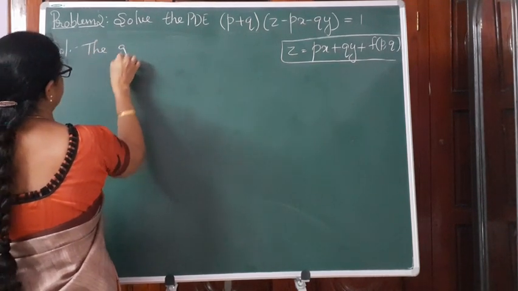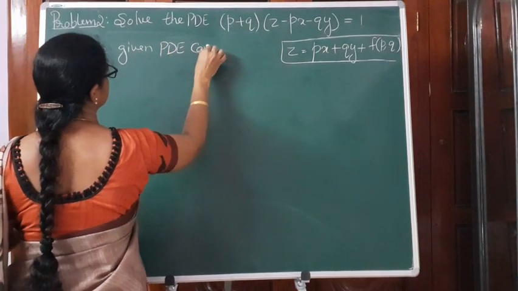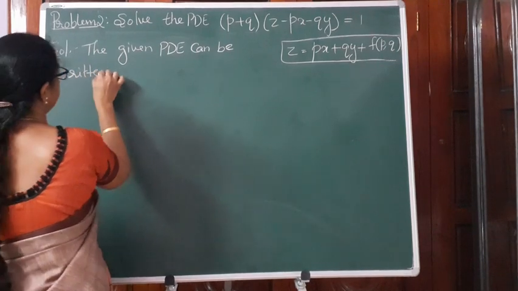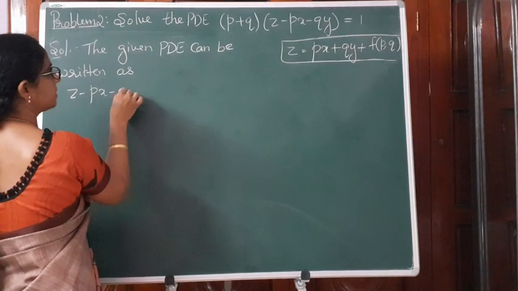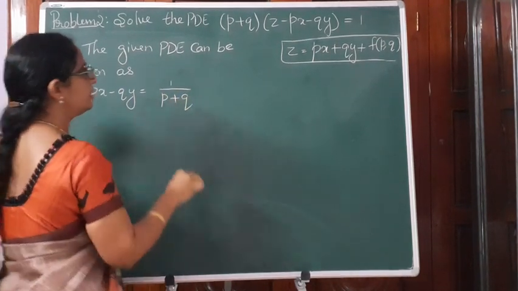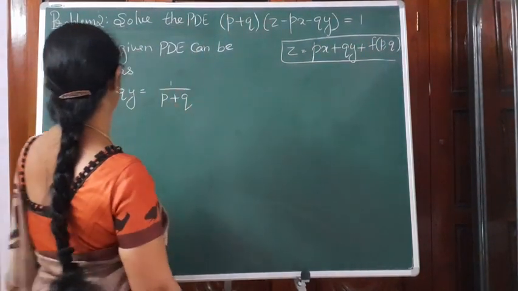So we can write this equation as: the given PDE can be written as z − px − qy = 1/(p + q). This (p + q) goes to the right hand side, it becomes 1/(p + q).